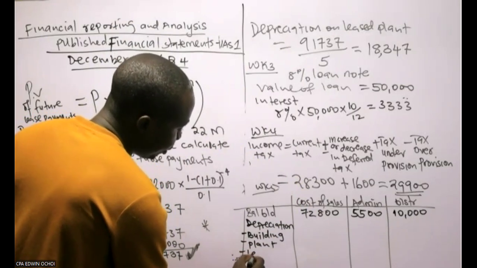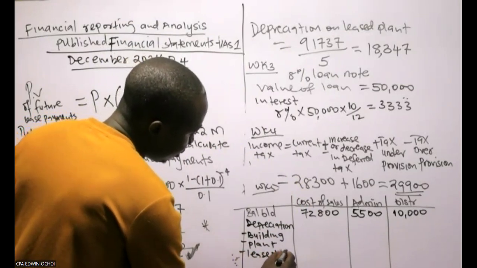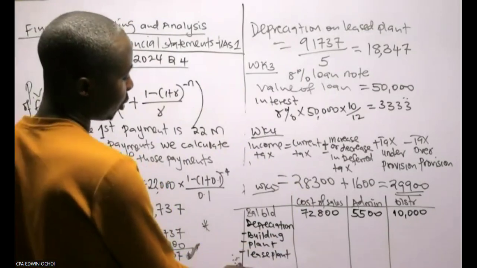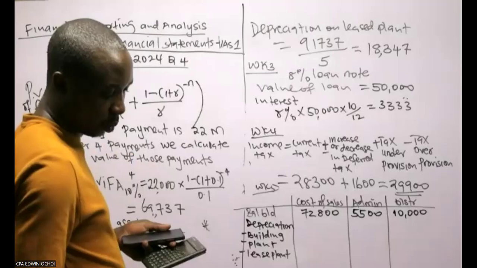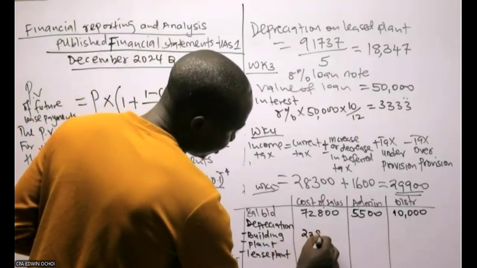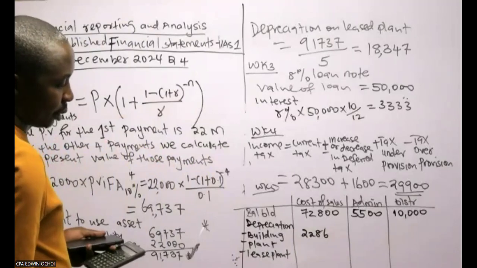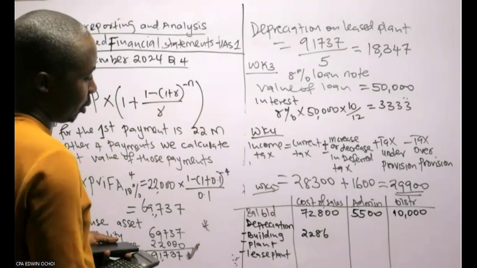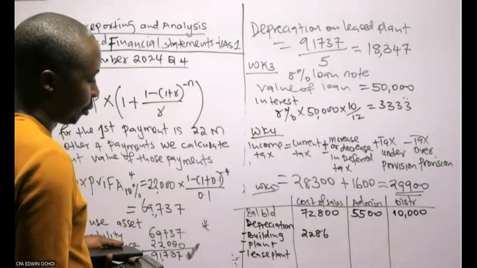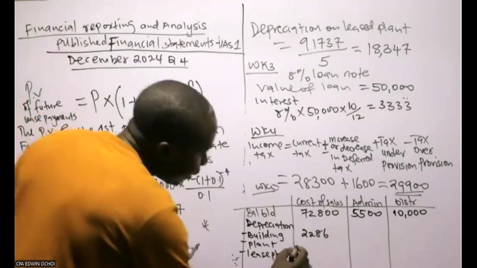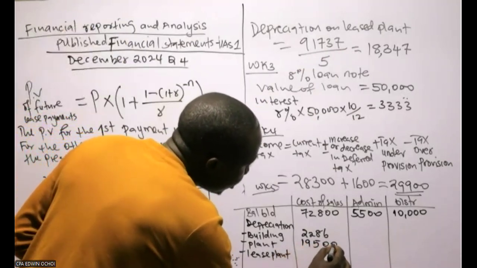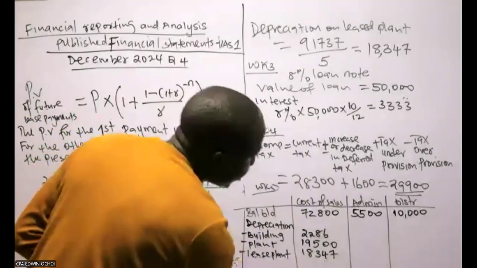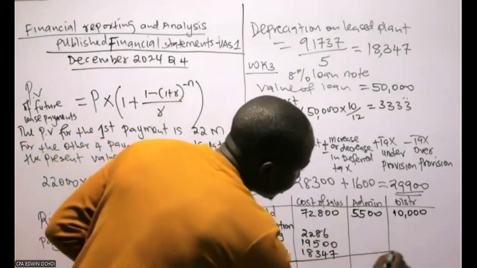We have the plant and the leased plant. For the leased plant, I can see it's 18,347. The other plant was 19,500. There is no other expense. Those are the only expenses.